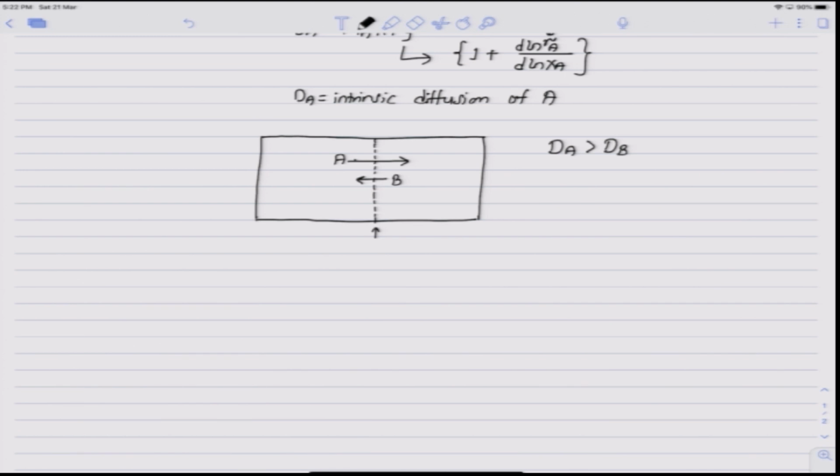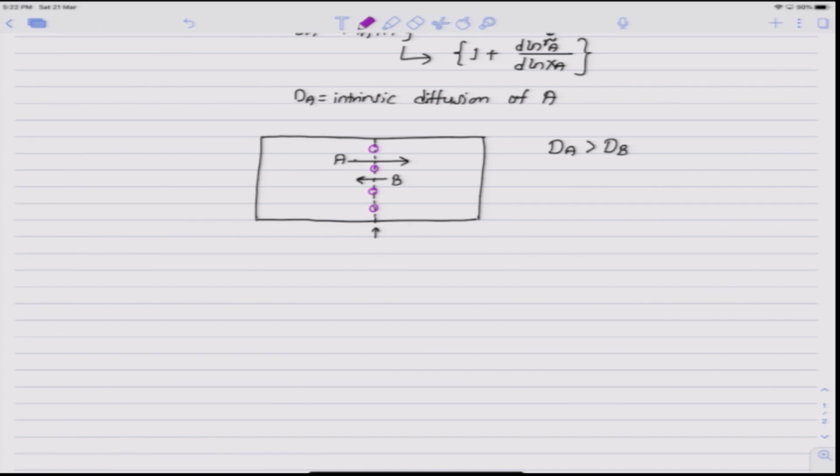Now we can track the lattice plane which was originally at this initial contact plane by some kind of markers, shown with these circles here, such that the markers stick to that lattice plane and move with the lattice plane if it moves.